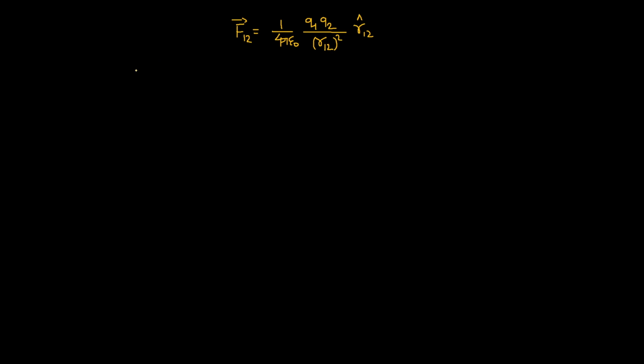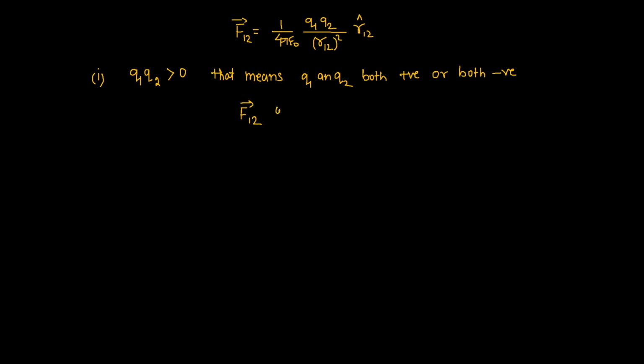But how? देखिए, if Q1 Q2 is greater than 0, that means either Q1 and Q2 both positive or both negative, then F12 will be along R12 and F21 will be along R21.